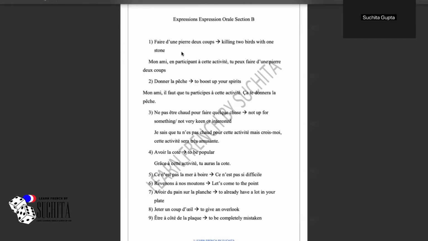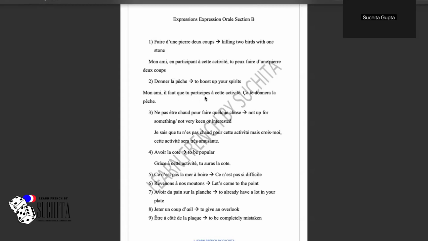So you can say, mon ami, en participant à cette activité, tu peux faire d'une pierre deux coups. By participating in this activity, you can kill two birds with one stone. And then you can say, tu peux non seulement te faire plus d'amis, mais aussi c'est une excellente opportunité de te reposer.